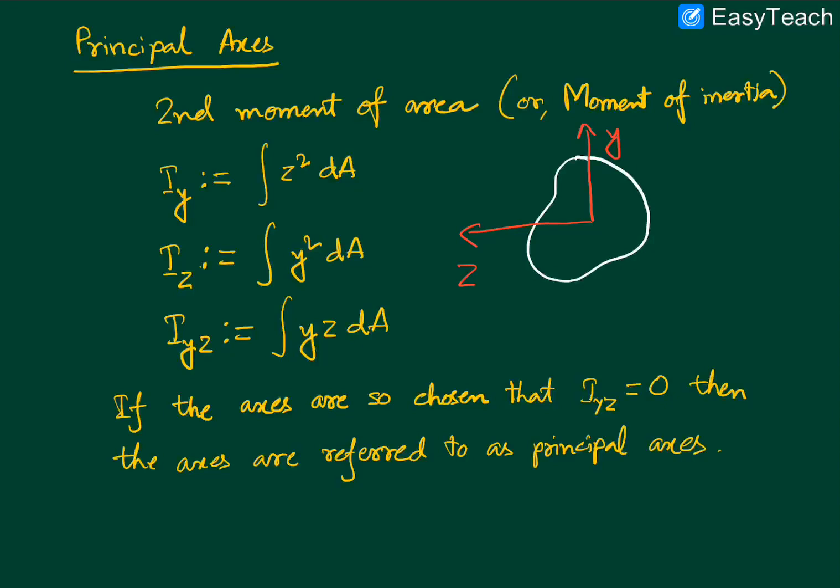So as a little thought exercise, try to think about what would be the value of Iyz for a cross section like this, where the axes are in this fashion.